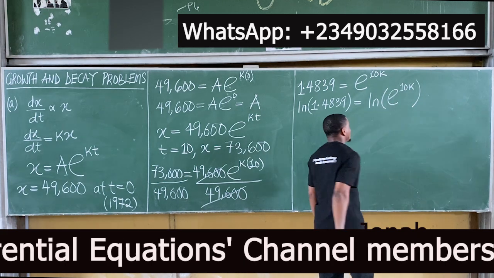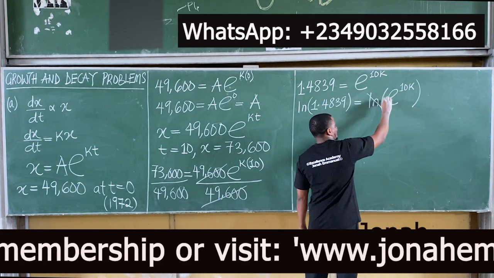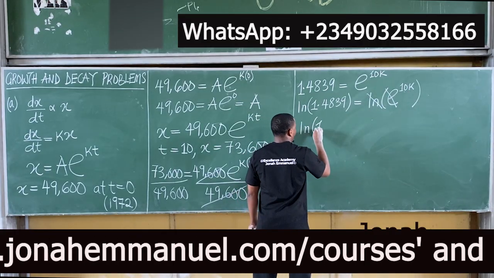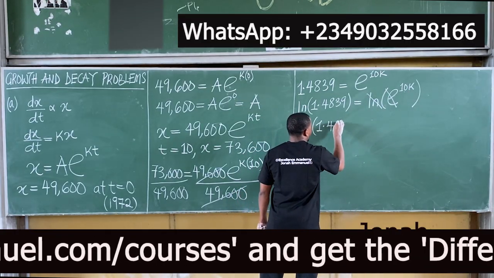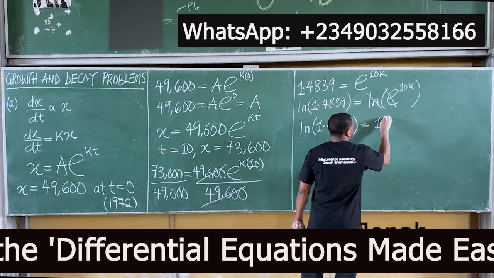From here, ln will cancel exponential. You're having 10k. So ln of 1.4839 is equal to 10k.